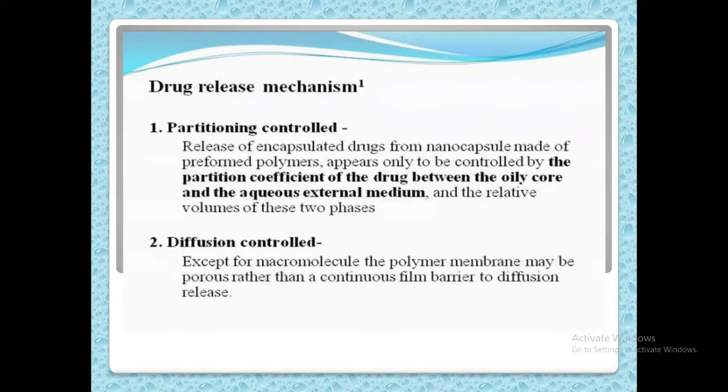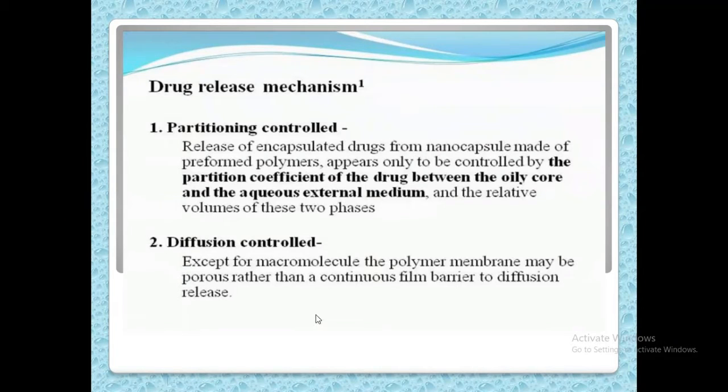The second mechanism is the diffusion mechanism. Do you know what diffusion is? It is the movement of the solvent from an area of higher concentration to lower concentration. Except for macromolecules, the polymer membrane may be small and porous, having small pores rather than a continuous film barrier to diffusion release.